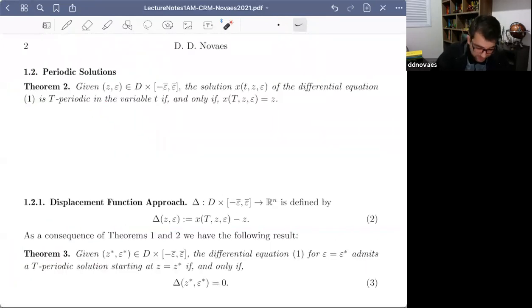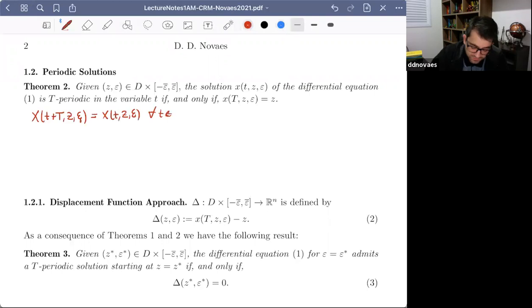The second classical result I want to show is a characterization of periodic solutions for differential equations like differential equation 1. A solution of a differential equation is periodic if x(t + T, z, epsilon) is equal to x(t, z, epsilon) for every t in the interval of definition.